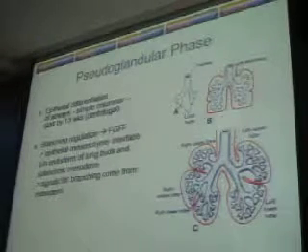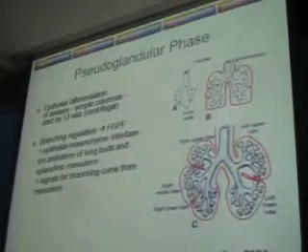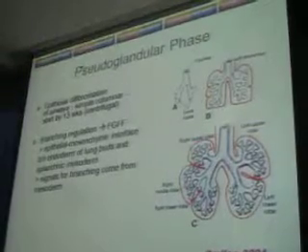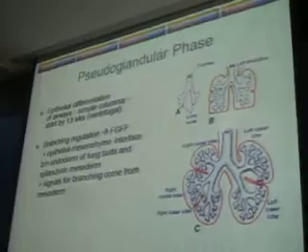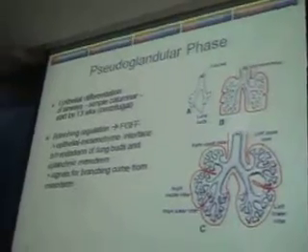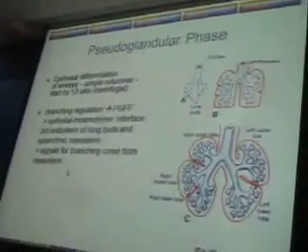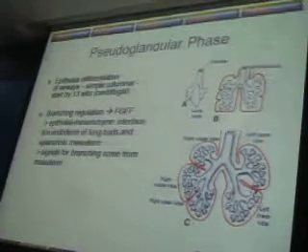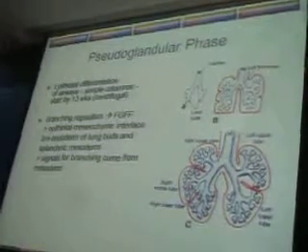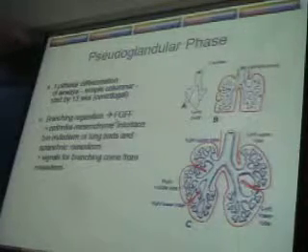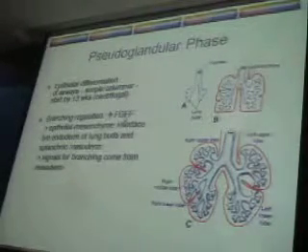But remember, your branching depends on the epithelium-mesenchyme interface between the endoderm of the lung buds and the splanchnic mesoderm. And the signals would come from your mesoderm, called the FGF, your fibroblast growth factor family.